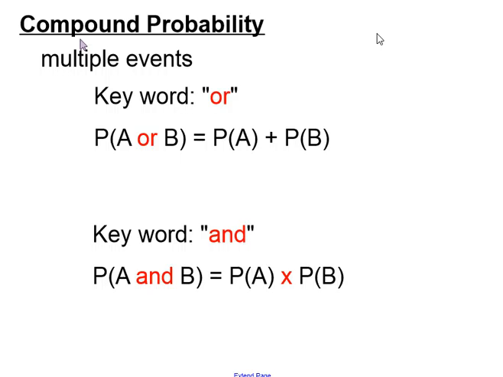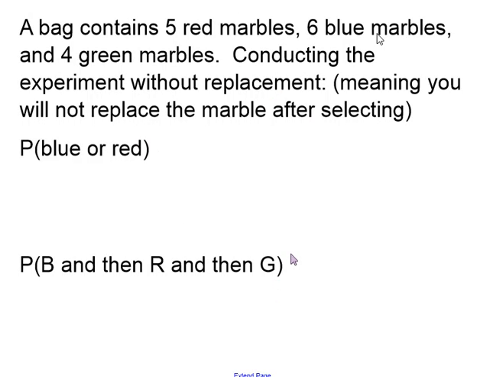If you see the keyword or, then you should be adding the probability of the two things that the problem asks. If you see the keyword and, you should be multiplying the probability of the events in the problem. Let's try each of these two different setups.